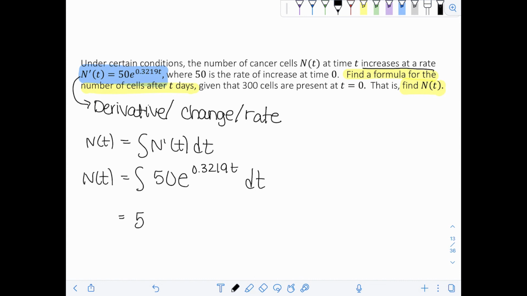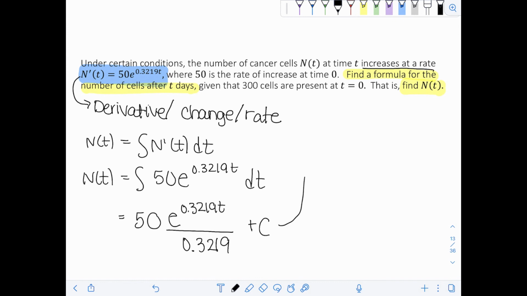Let's start by finding that integral. We're going to use the exponential function rule, which means it's going to be e to the 0.3219 t divided by basically the derivative of that exponent, 0.3219. And now, what we've talked about with integrals already is that idea of plus c. I'm going to simplify a little bit because I'm just going to plug into the calculator the 50 divided by that decimal in the denominator.